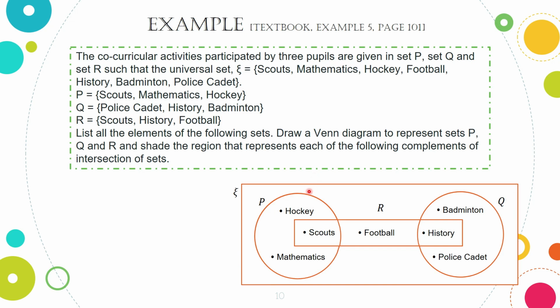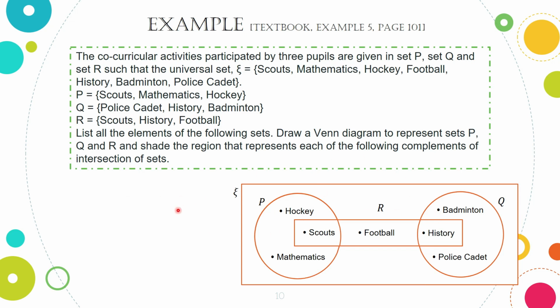You can vary your Venn diagram. This is the Venn diagram that represents sets P, Q, and R. The left circle is set P, the middle rectangle is set R, and the right circle is set Q. This is the Venn diagram.